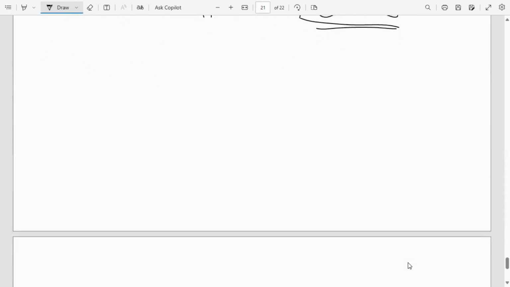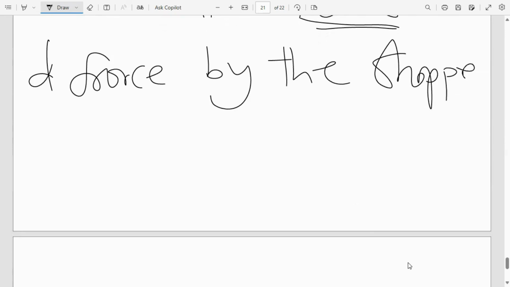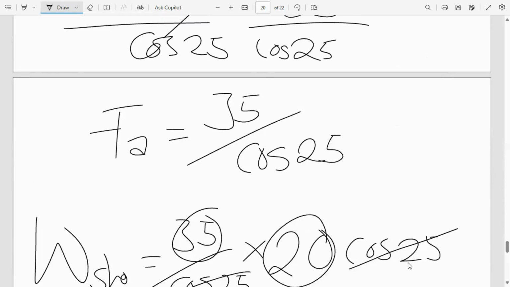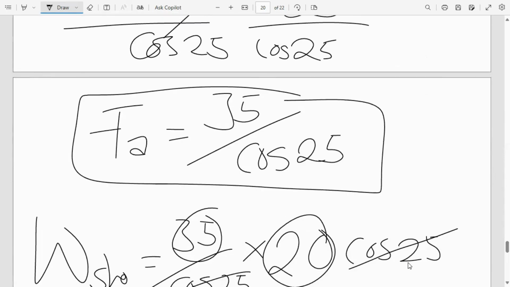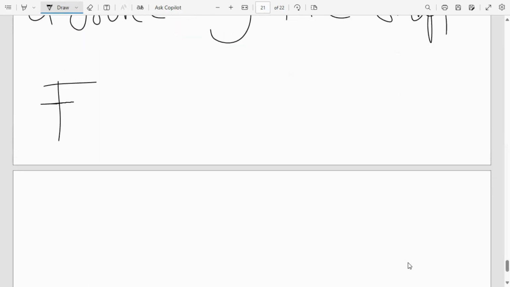Question D is saying find the force the shopper exerts using energy consideration. So D, the force by the shopper. What is the force exerted by the shopper? It is this one, which is here. So the force exerted by the shopper is equal to 35 over cos 25.